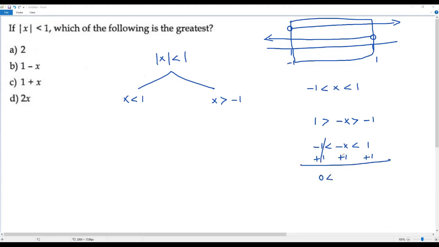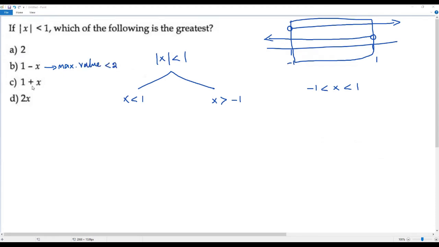We get 0 less than 1 - x, less than 1 + 1 is 2. Okay, we get the result 0 < 1 - x < 2. So since 1 - x is less than 2, the maximum value of this 1 - x is less than 2. Now let me write the stuff over here. Its maximum value is less than 2.